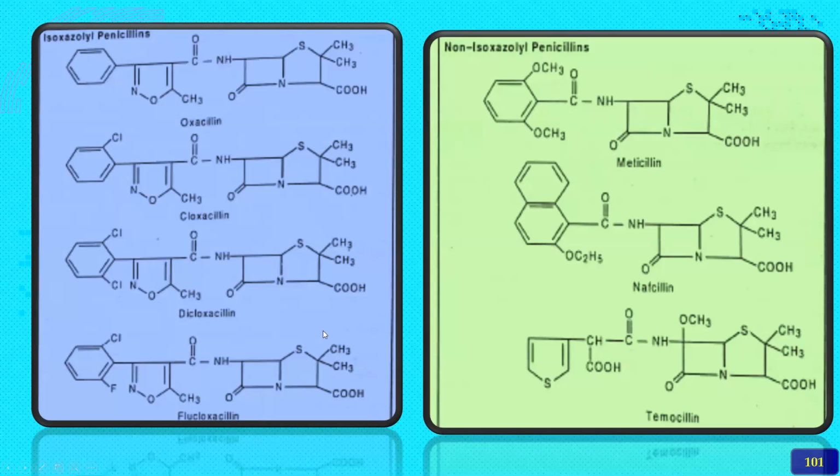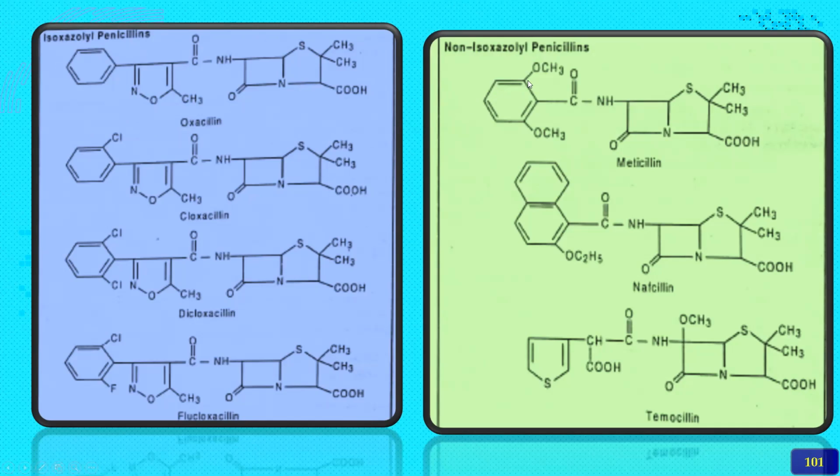penicillins. Whereas the non-isoxazolyl penicillins, here there is a change in the structure. You can see the difference is OCH3 is there, whereas it is not having anything. Whereas in oxacillin and cloxacillin, one chloride moiety is more here, especially in case of oxacillin. The non-isoxazolyl penicillins will not have that structure, only a benzene ring is there.